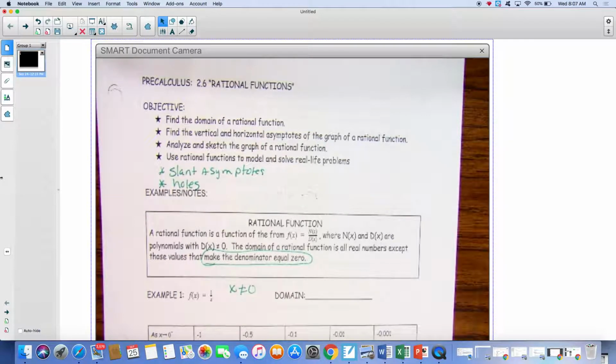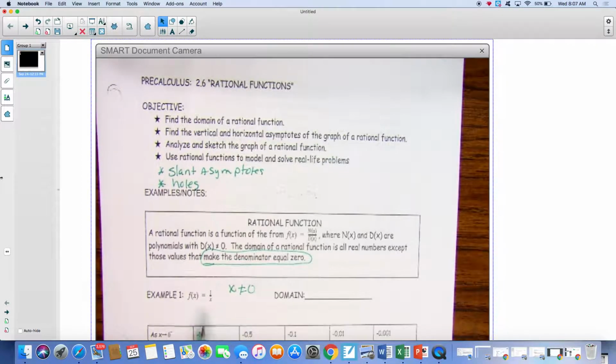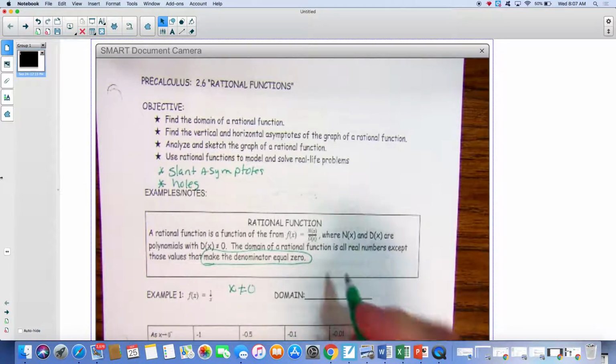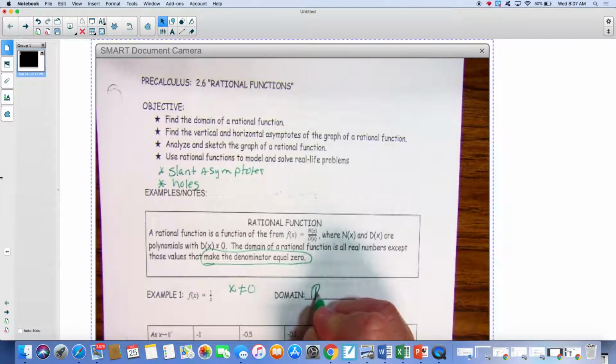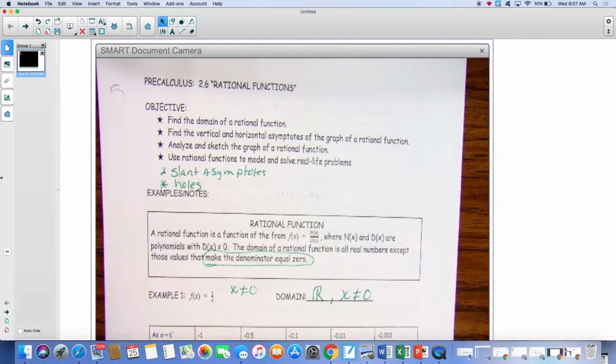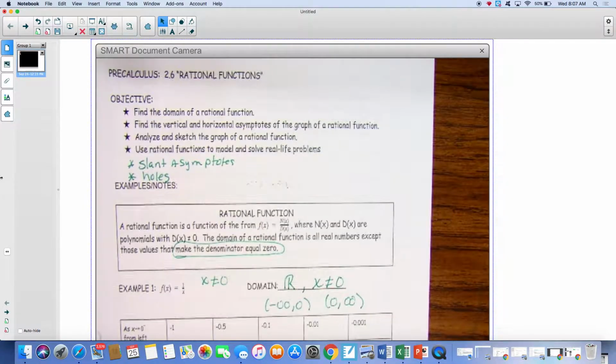So can I put any other number in there? Can I put 5? Can I put a fraction and a half? Negative 5? Yeah, any number can be x except for 0. So it's all real except x cannot be 0. If we want to write that in interval notation, we can write it like that.